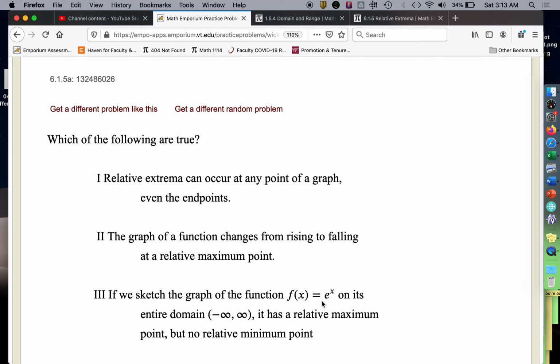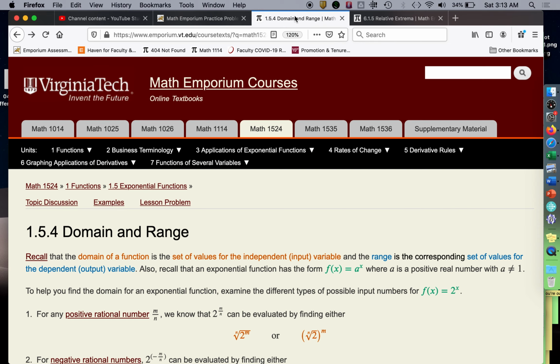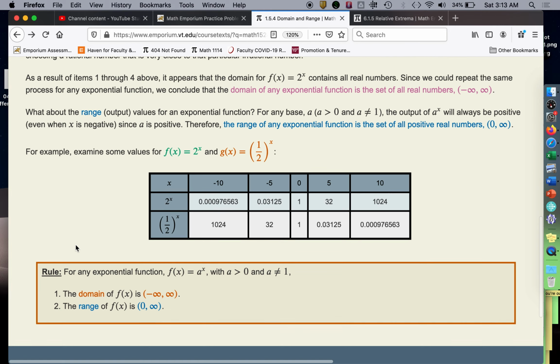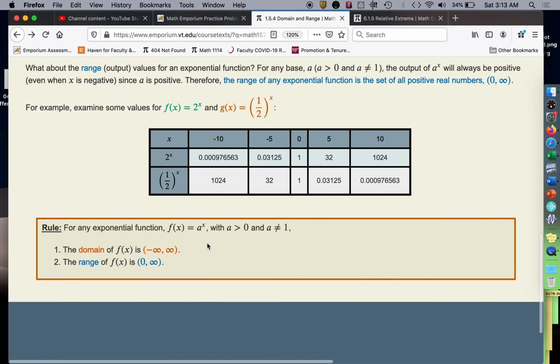I'm just going to take you back real quickly to 1.5.4, which is where we first talked about the domain and range of an exponential function. And down here in a box at the bottom of 1.5.4, it said for any exponential function, f of x equals a to the x. Now we're specifically dealing with e to the x.